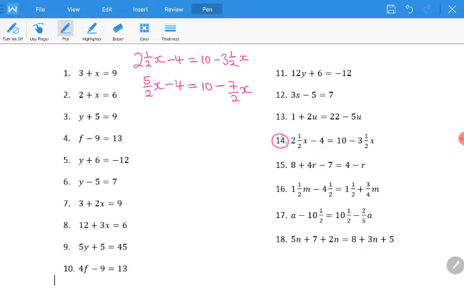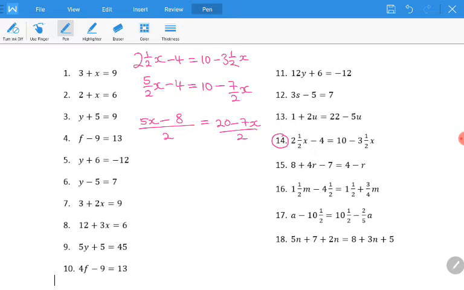Now the second step is to put a common denominator. So here the common denominator is 2. So over 2, it will become 5x minus 8 is equal to 20 minus 7x over 2.